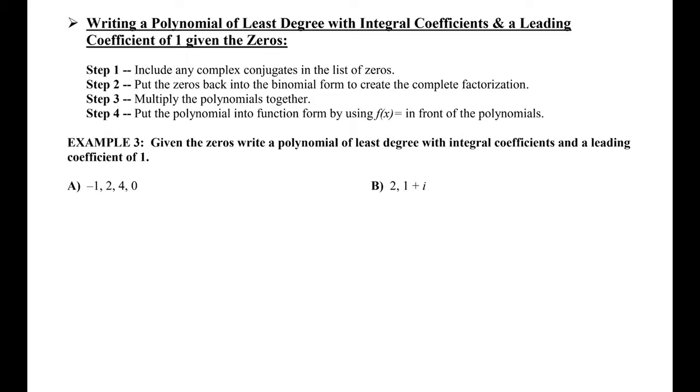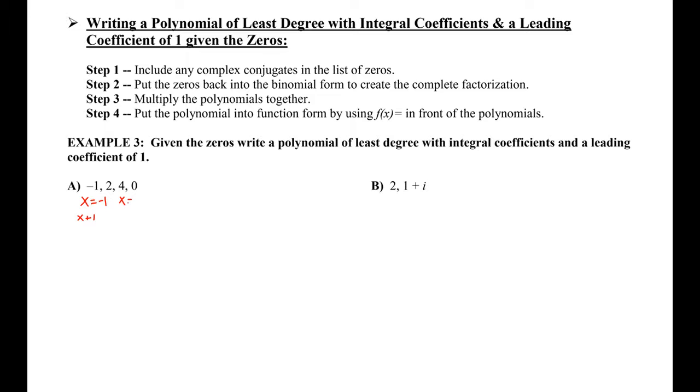Then we're going to put our zeros back into their binomial form. So if we know that x is equal to negative 1, if I want the x and the negative 1 to be on the same side, I would have to add 1 to both sides, which would leave me with x plus 1.